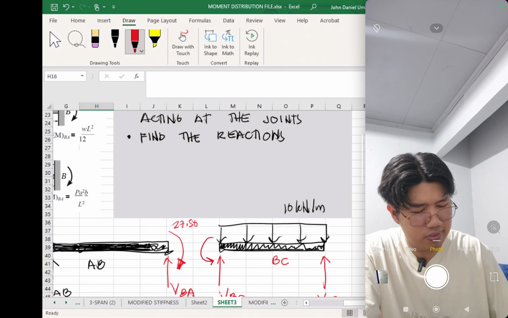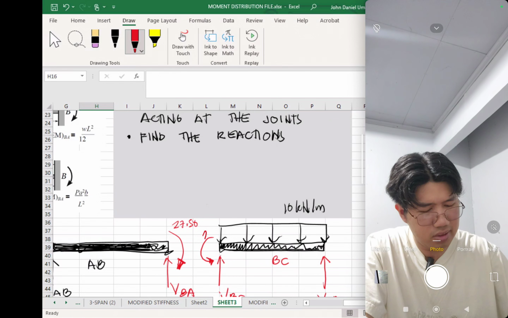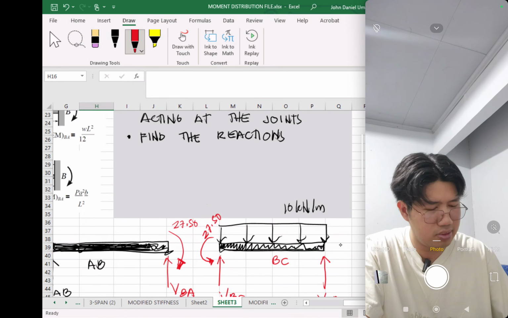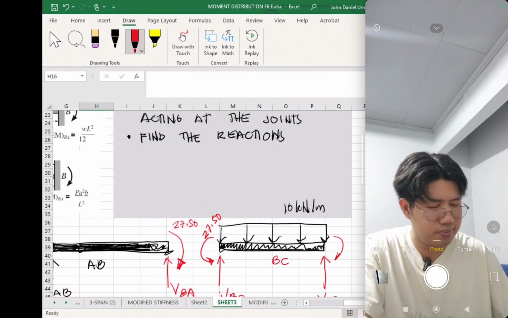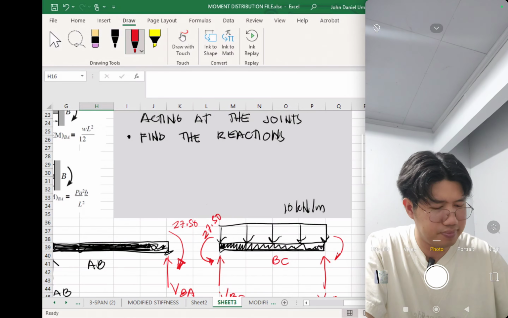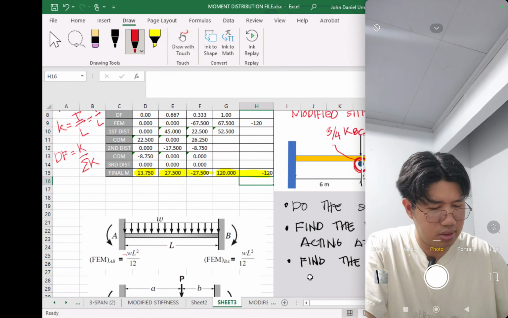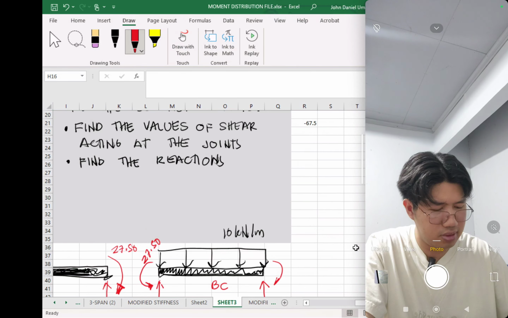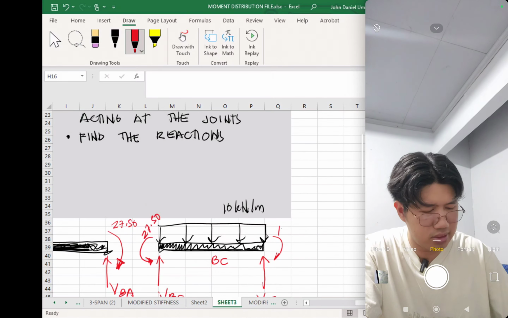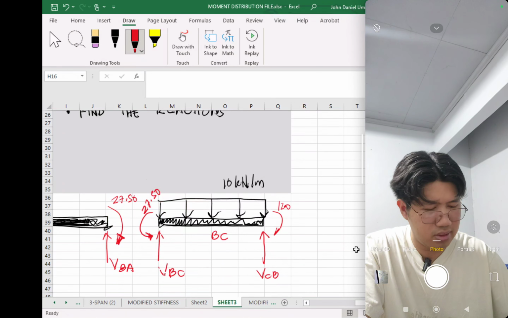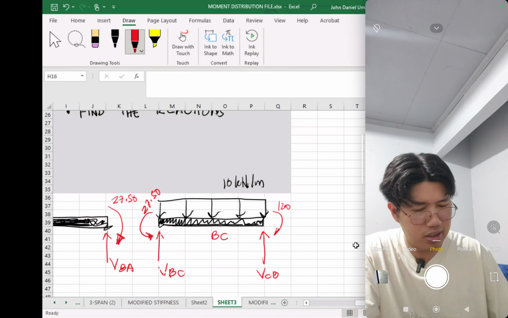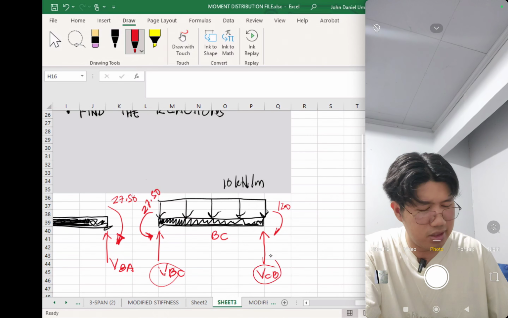So, we have negative 27.5 counterclockwise at this section, and then dun sa kabila 120 positive, that is clockwise. Okay, and then solve for VBC and VCB in this section.